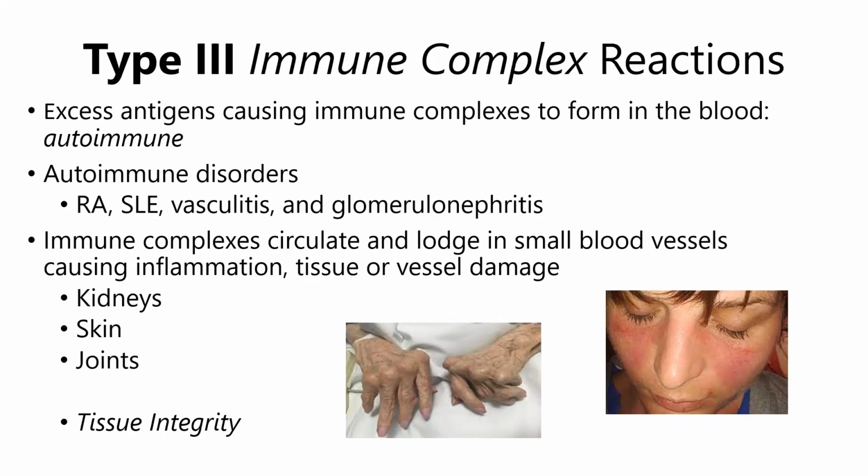When these two immune disorders happen, they can cause kidney damage, they can cause abnormal rashes on the skin, and wreak havoc on joints. With lupus, you will learn that kidneys can be affected very quickly, and that is something good to remember. And the big thing about immune complex type 3 hypersensitivity is tissue integrity.